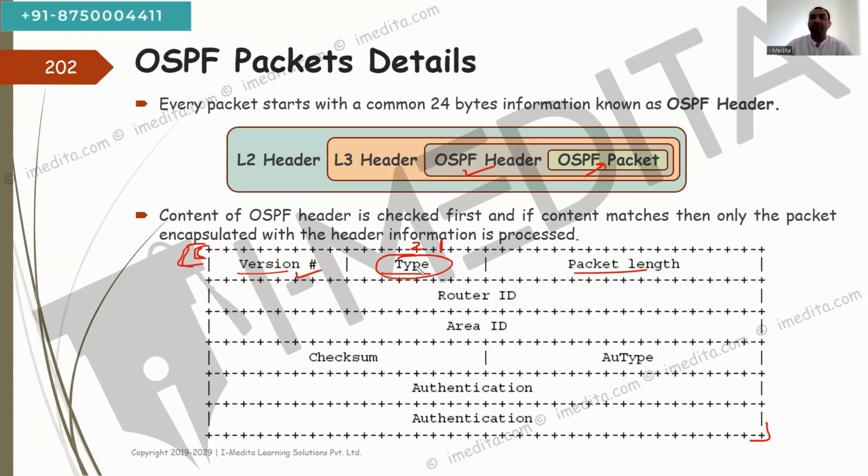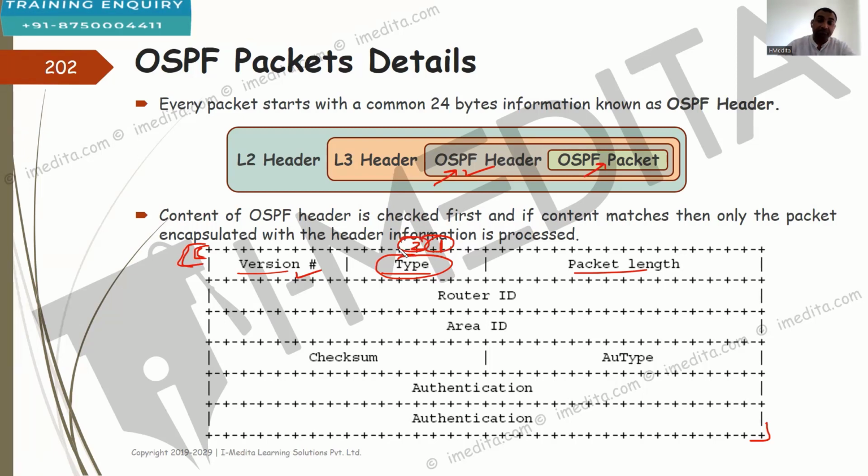For example, if a router receives an IP packet, by looking at the OSPF header itself, it can easily identify whether it is a hello packet or DBD or LSR, whatever. If it is type 1, it was a hello packet. If it is type 2, it was a DBD packet.